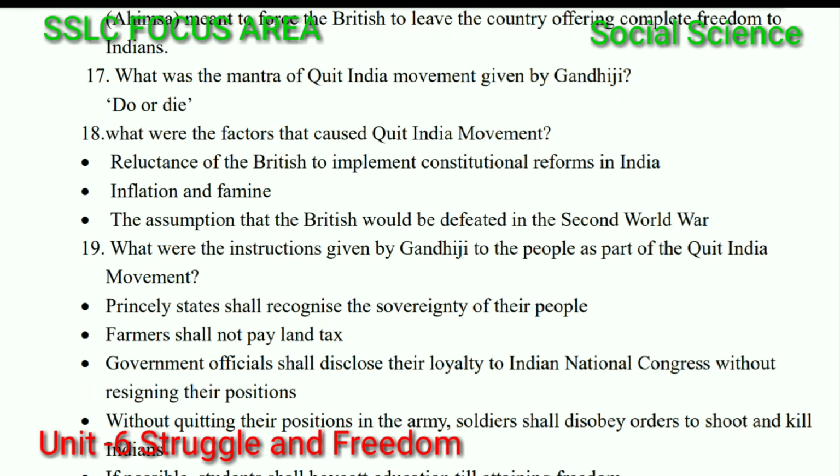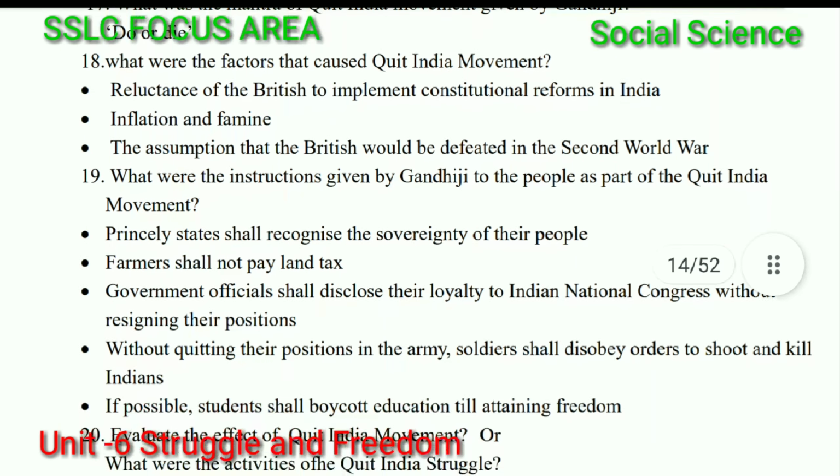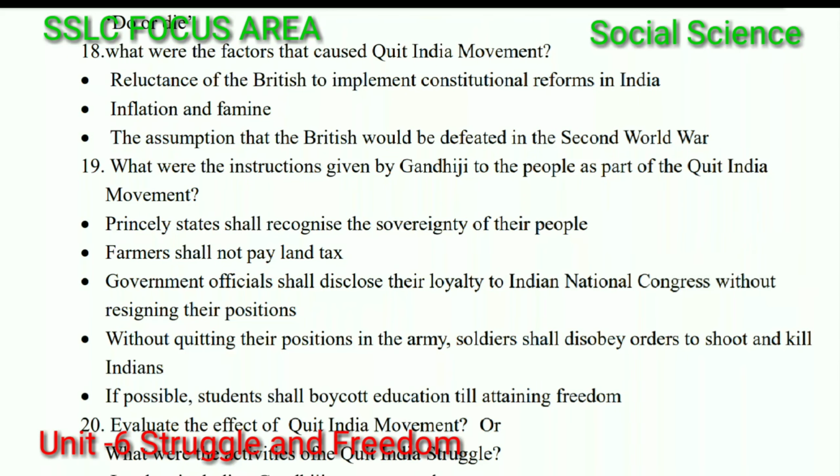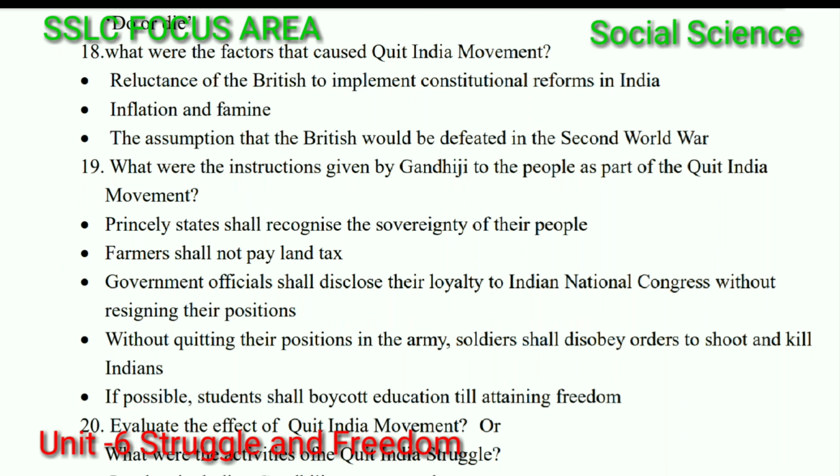Next question. What were the instructions given by Gandhiji to the people as part of the Quit India movement? Princely states shall recognize the sovereignty of their people. Farmers shall not pay land tax.